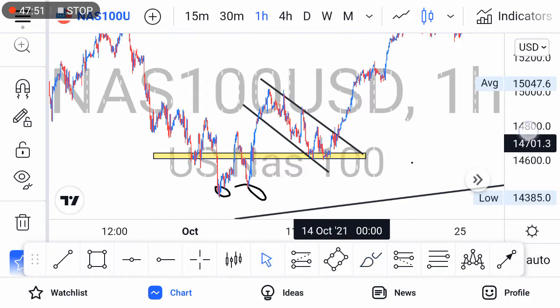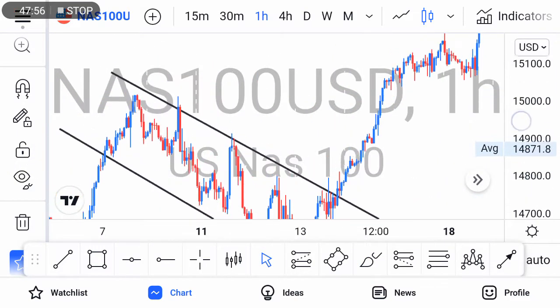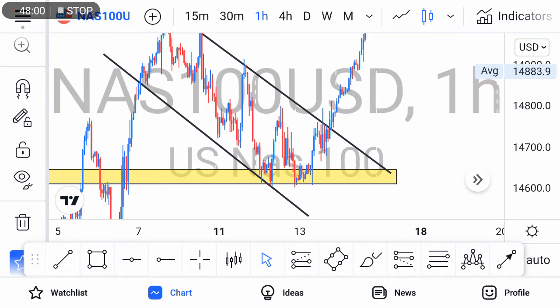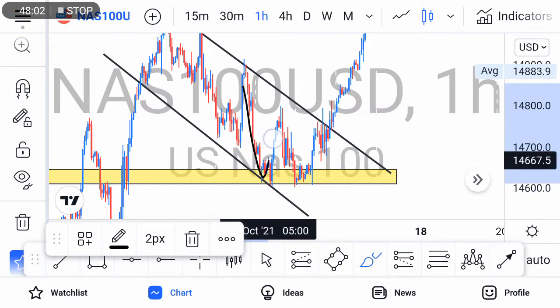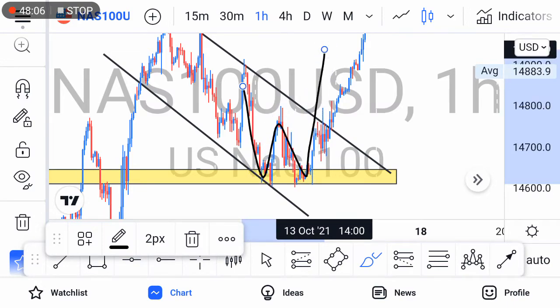So now what we do, we look inside that falling channel. Okay, we can see inside that falling channel we also have another double bottom. So this is a high probability trade. Inside that 1 hour channel we have another double bottom or another reversal pattern that's happening on a 1 hour.